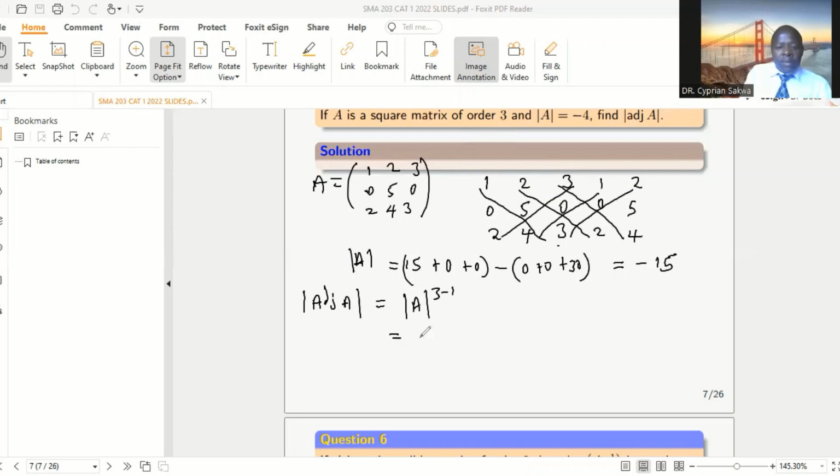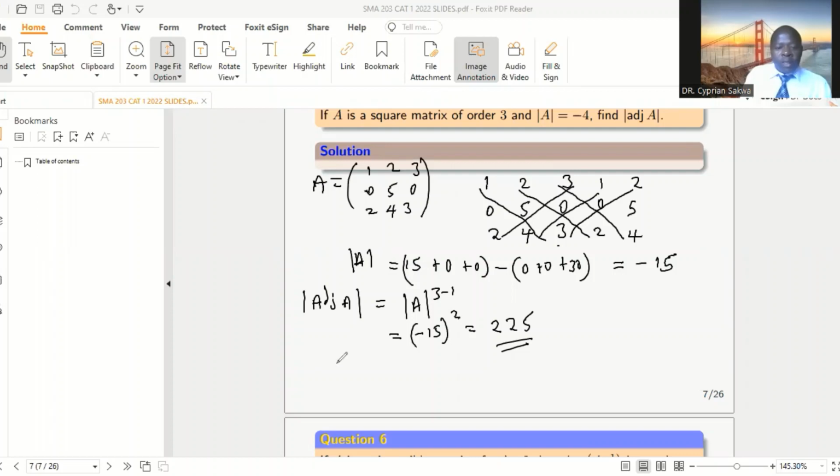This means negative 15, because the determinant here is negative 15, raised to 2, which would be, is it 225? Yeah, it's 225. So the determinant of the adjoint is 225.